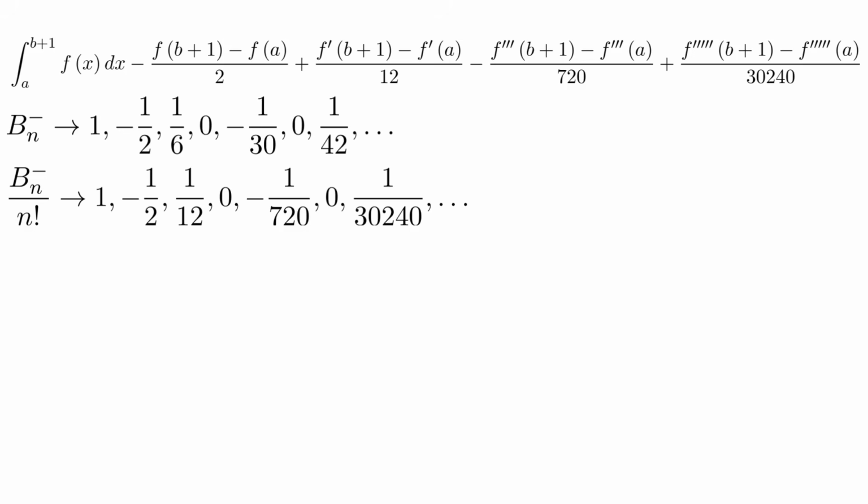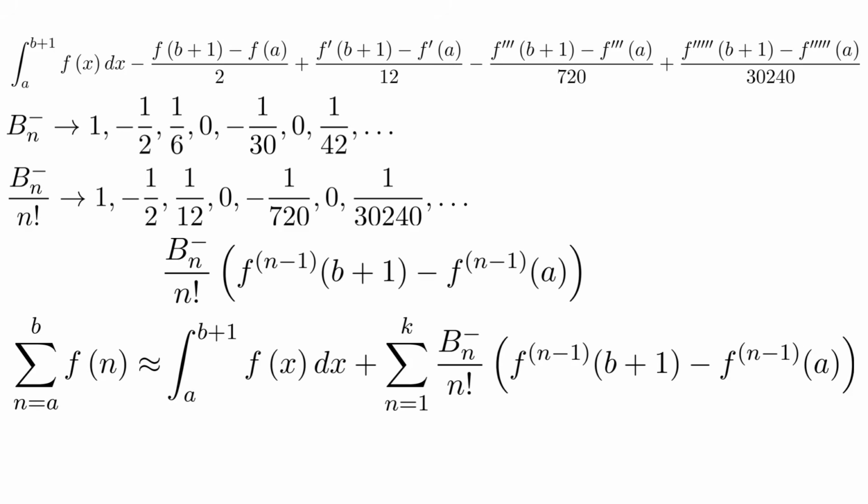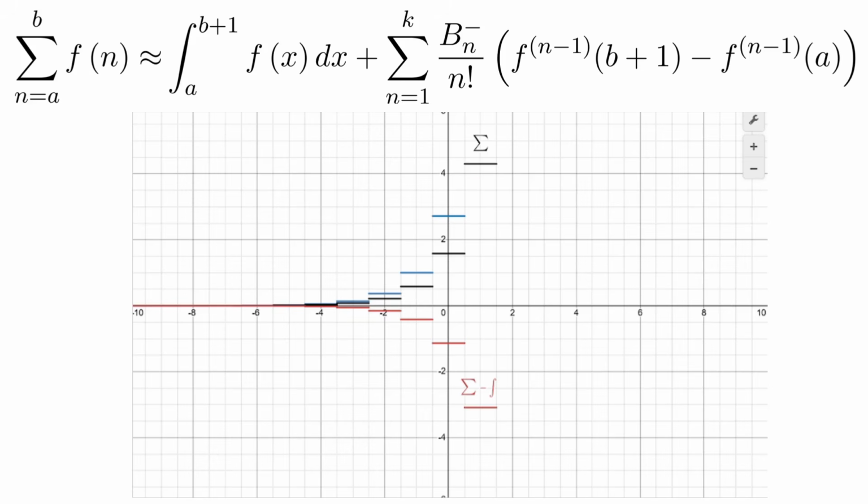In general, this results in the nth Bernoulli number over n factorial, which is then multiplied by the n-1th derivative at b plus 1 minus it evaluated at a. This gives us this formula, which you can use up to whatever accuracy you want, and then exclude the computationally heavy error terms. Just look at how quickly our approximation approaches the result.